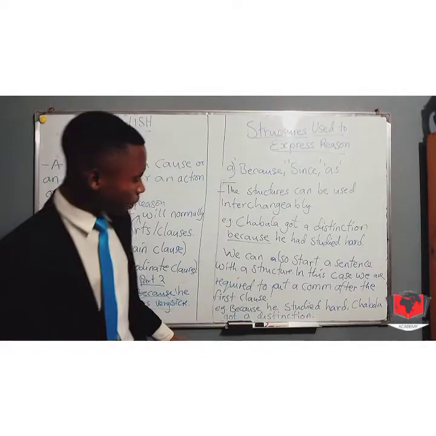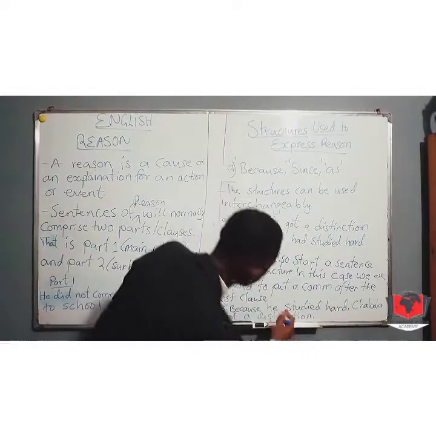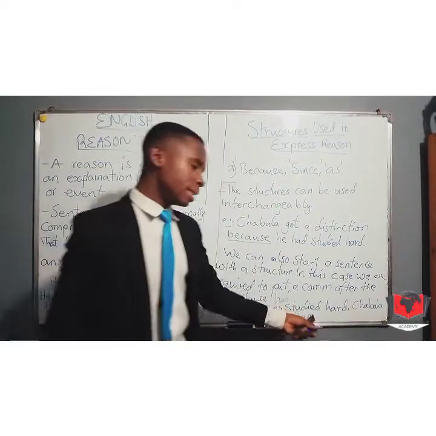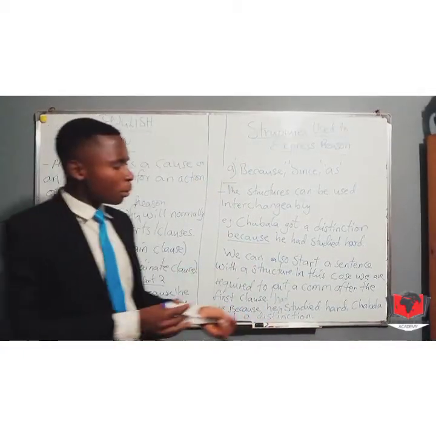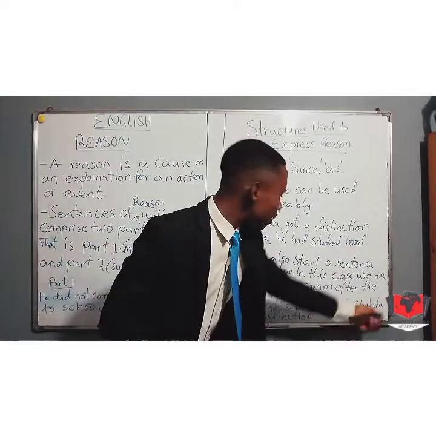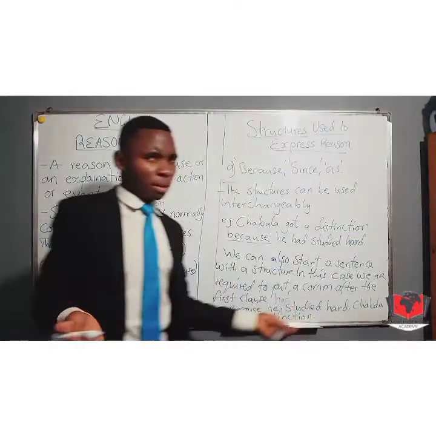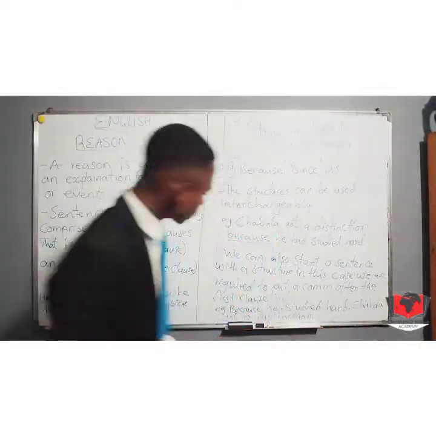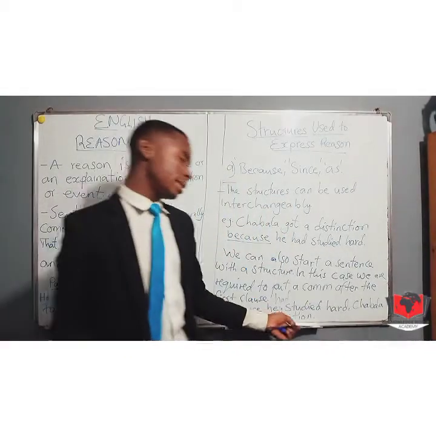For example, because he had studied hard, Chavala got a distinction. It sounds correct when we put a comma. Not when we say because he had studied hard Chavala got a distinction without a comma, then it may be cumbersome in some way. Are we together? So, because he had studied hard, Chavala got a distinction.